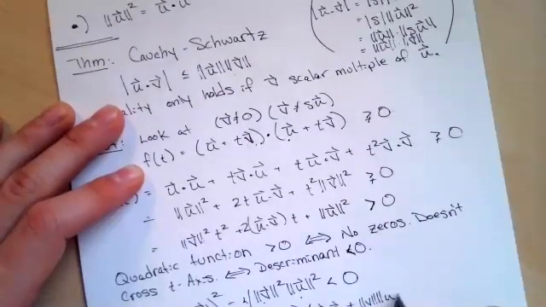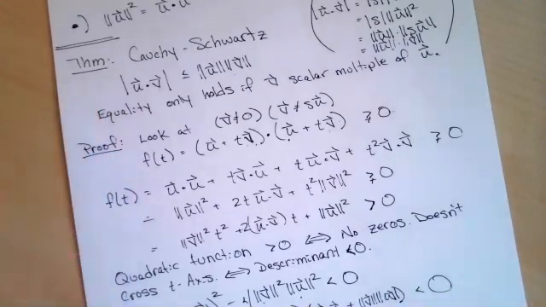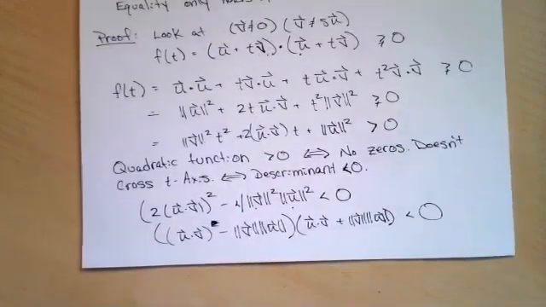So we have a difference of squares. Sorry, I'm off the page there.